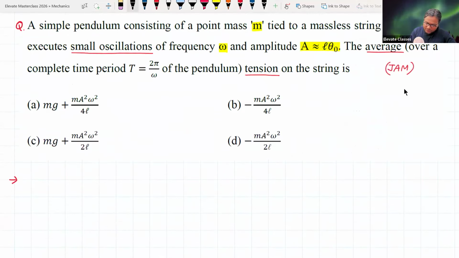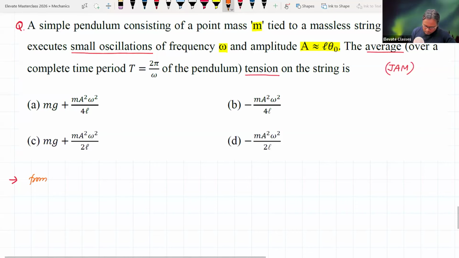So from earlier calculations, what is tension?